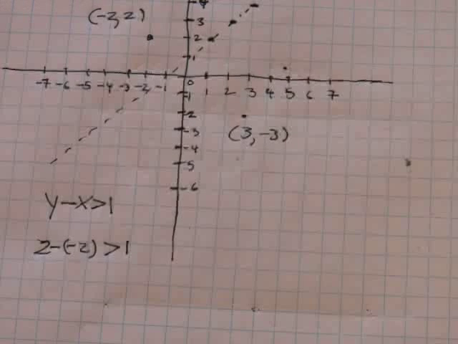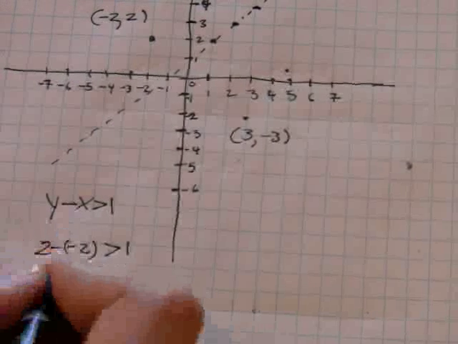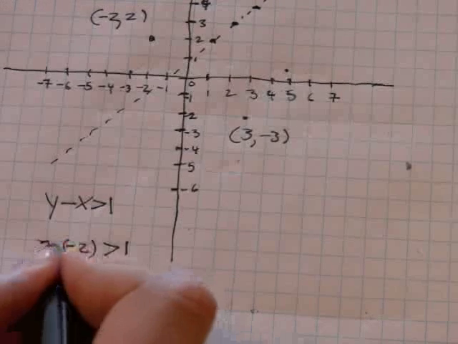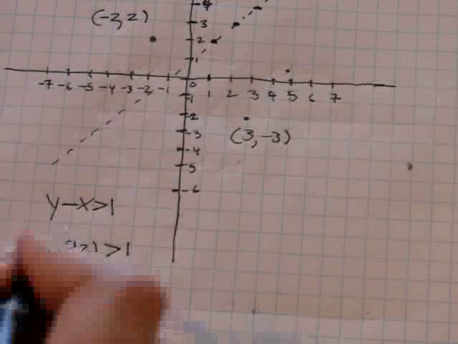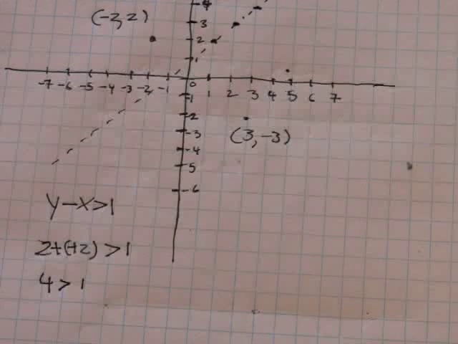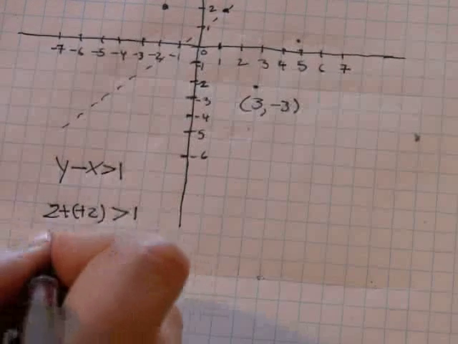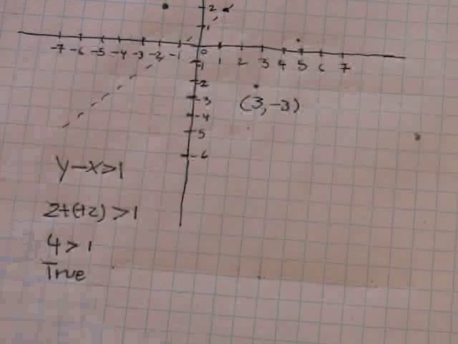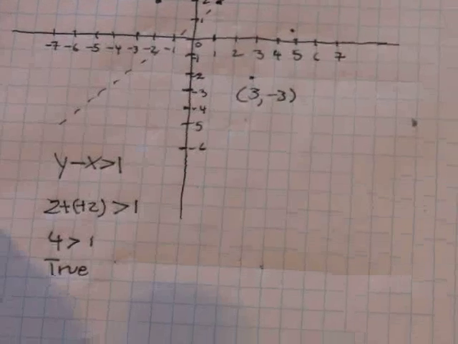Okay, is this in fact greater than 1? Well, you have two negatives multiplied by each other, so they become positive. So this is 4 is greater than 1. That is true. So we figured out something, but let's go ahead and plug in the other one just to make sure.